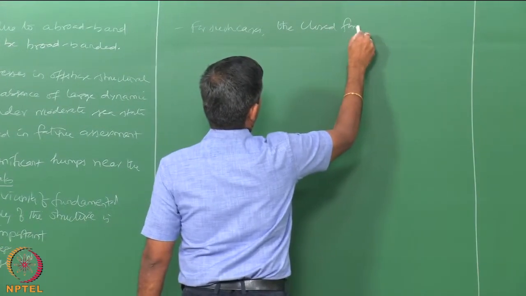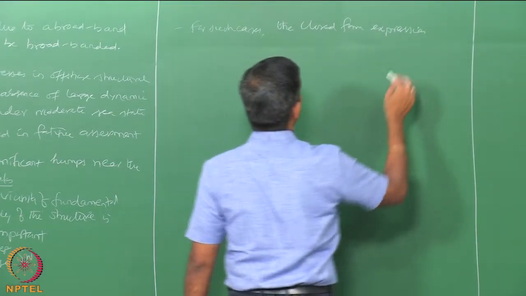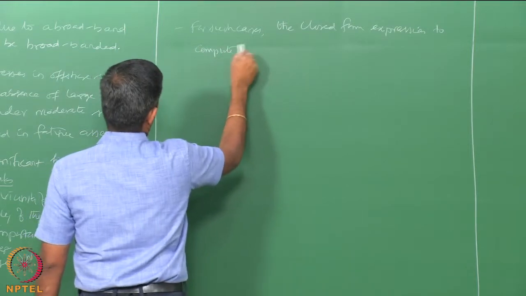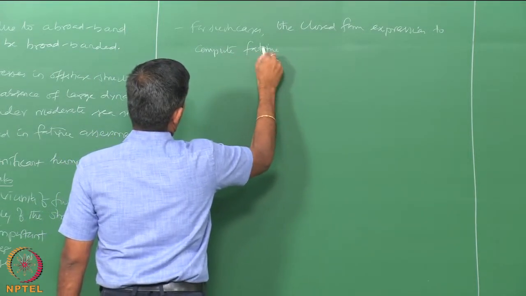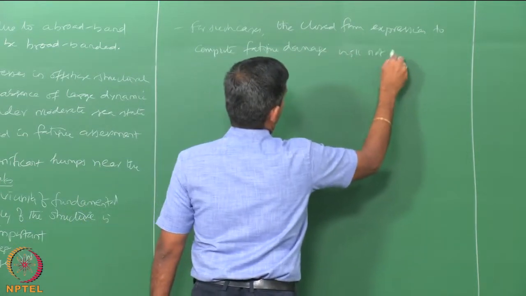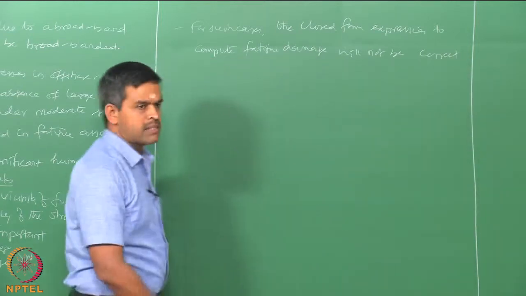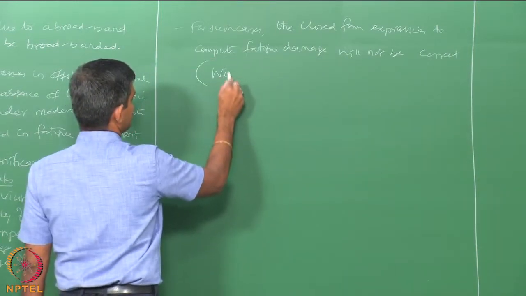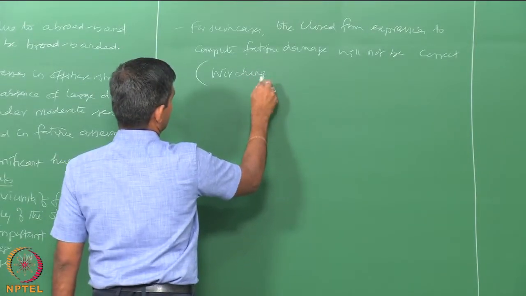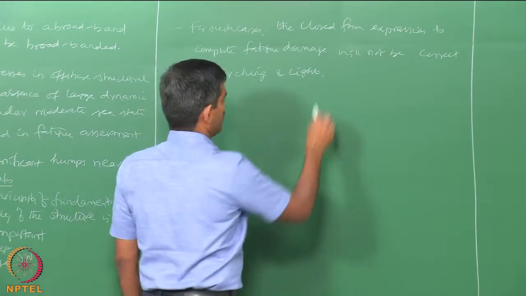The closed form expression to compute fatigue damage will not be correct, okay, as said by Wirsching and Light in 1980.